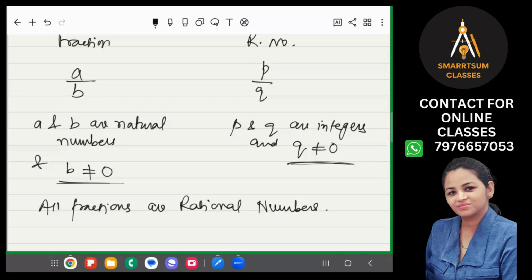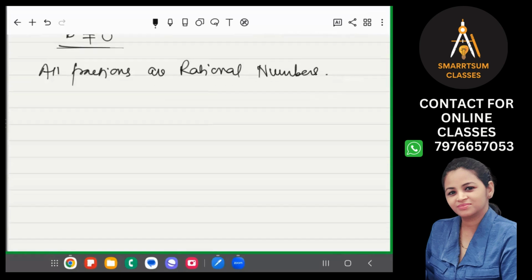It can be positive. Now, coming to when we are adding, subtracting, multiplying, and dividing the rational numbers, similar types of rules as we did in integers, we have to follow here, right?